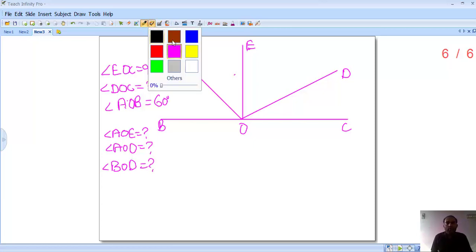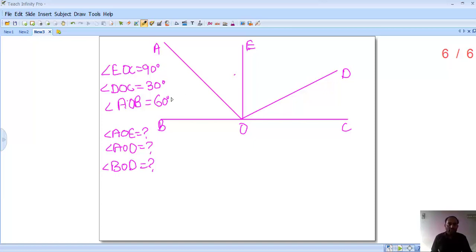So first of all you will write the given angles, and then we will start finding the angles which have been asked of us. Angle EOC is 90 degree. Second one is angle DOC, 30 degree.